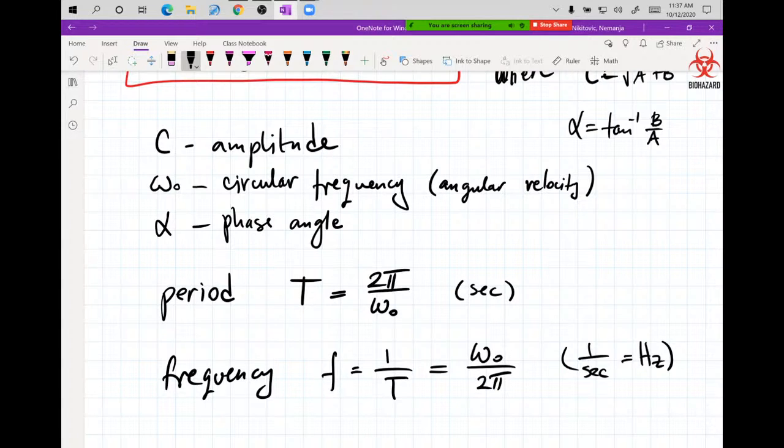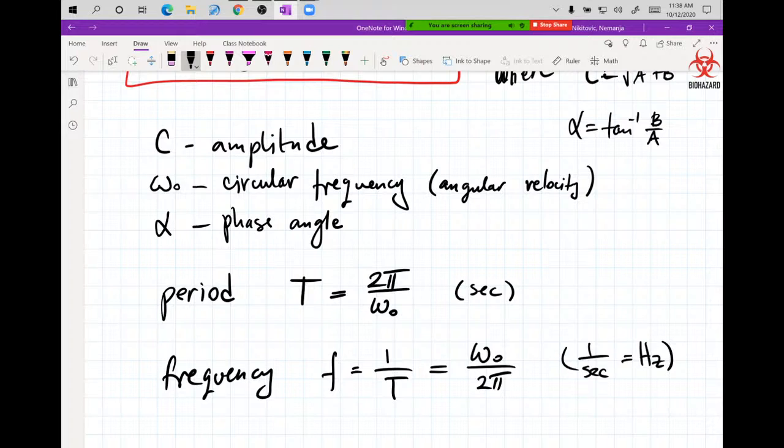So the period is the period of time, and the frequency is that instant of, let's say, switching, right? So the polarity of alternating currents switches 60 times or 50 times per second. So there are 50 switches happening in a second.